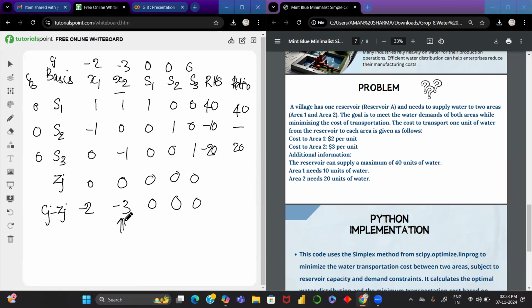For taking the pivot variable, we take the intersection of the entering variable and the smallest ratio, that will be -1. And the pivot variable should be converted to unit value for the next table.